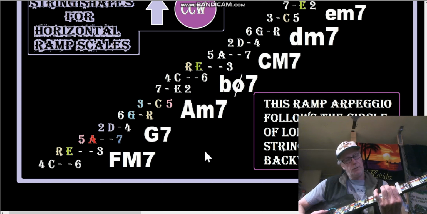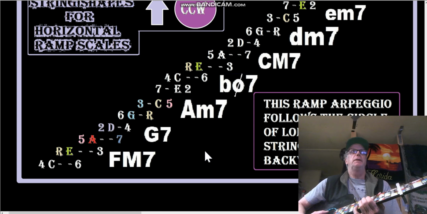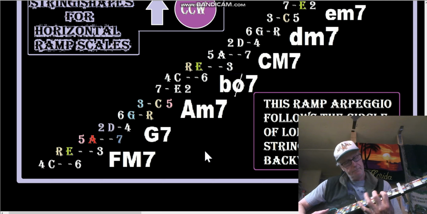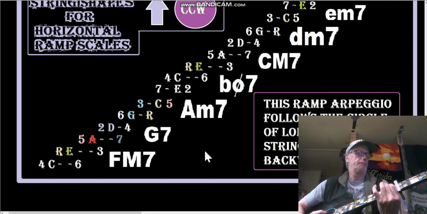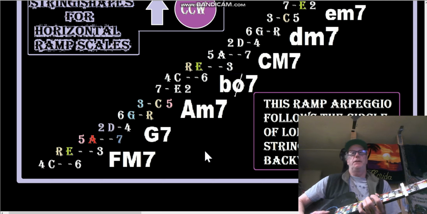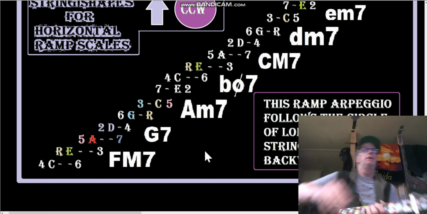So we're going to go 4, 6, root 3. You hear that F minor seventh? So we go 4, 6, root 3. Now that's it. So it's 2 string shapes per.